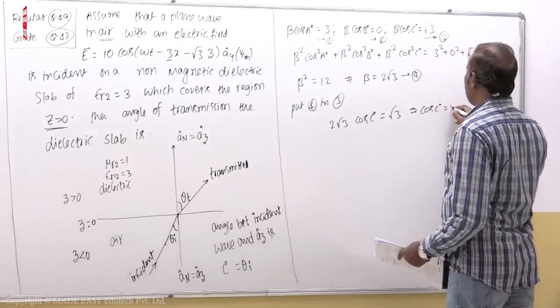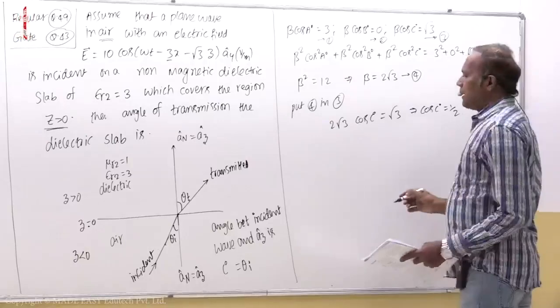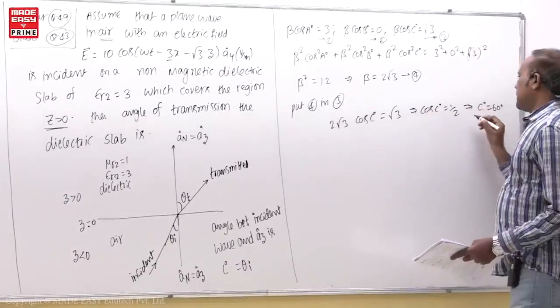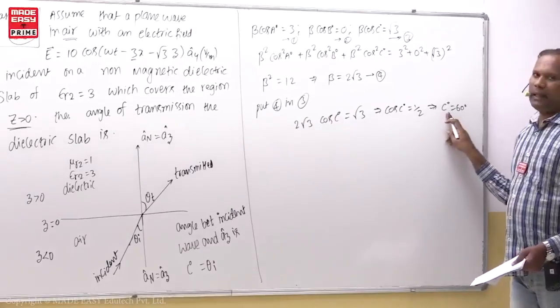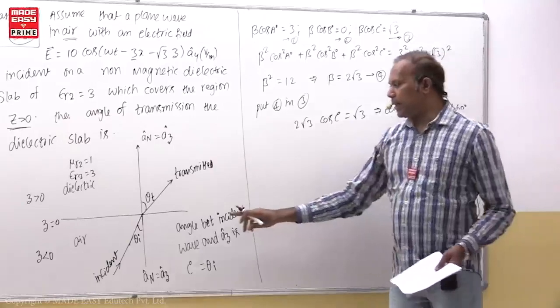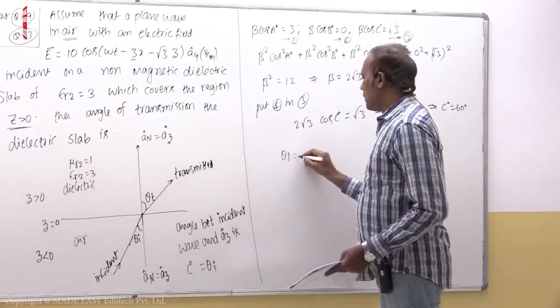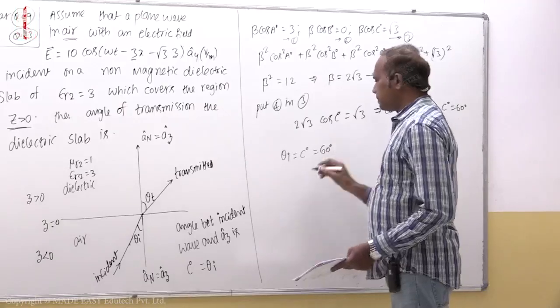Cos c degrees is equal to 1 by 2, implies c degrees is equal to 60. That means what is c in direction cosines? Angle between the incident wave and the z axis, that is c degrees. So here that is nothing but theta I. So theta I is equal to c degrees, that is equal to 60.